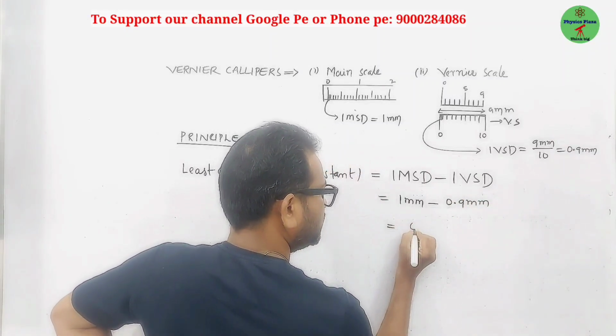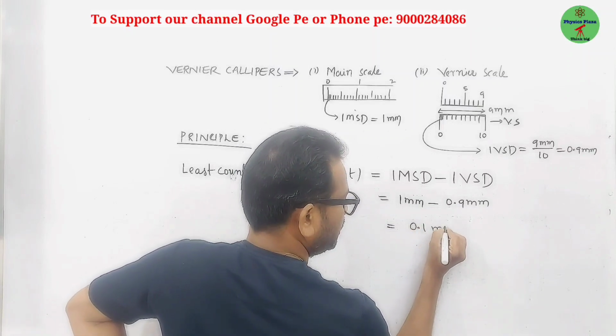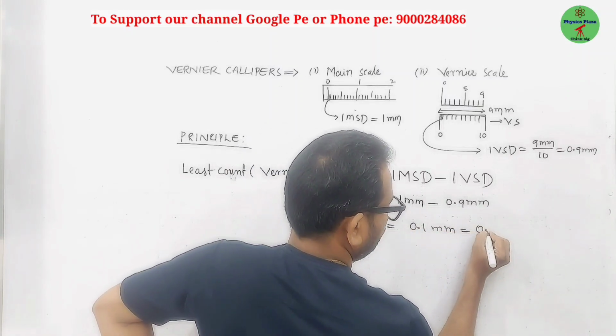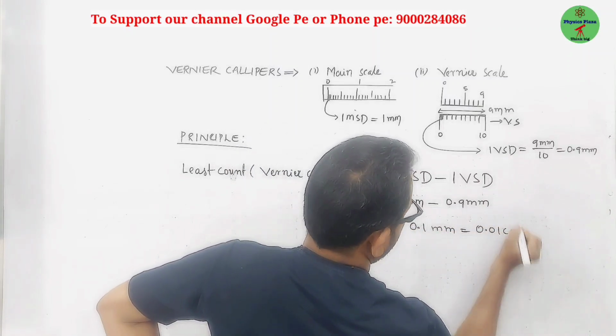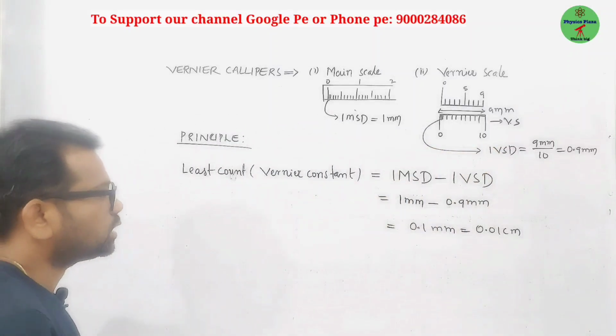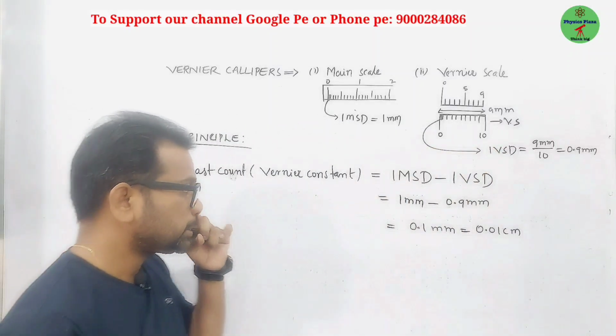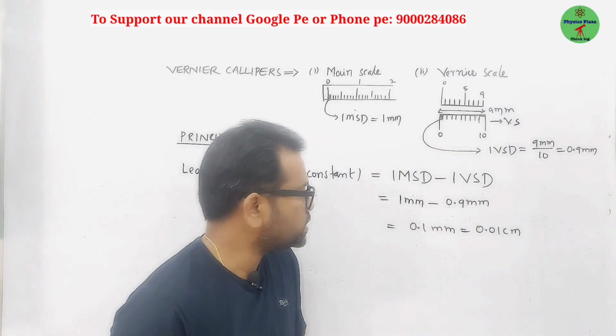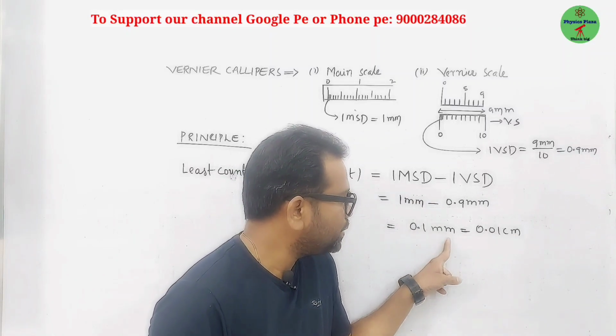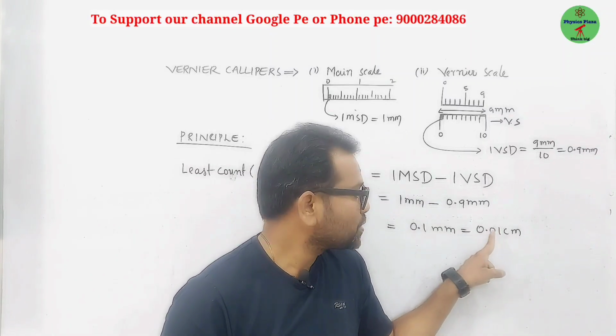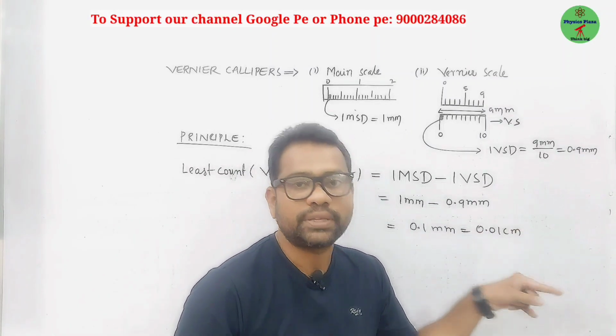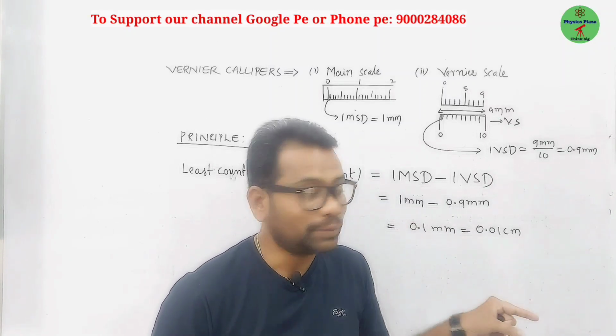If you calculate, it is 0.1 mm, or we can also write 0.01 centimeters. So this is what actually least count or vernier constant is. The vernier constant is equal to 0.1 millimeter, or in terms of centimeters, 0.01 centimeters. Is the point clear? Fine.